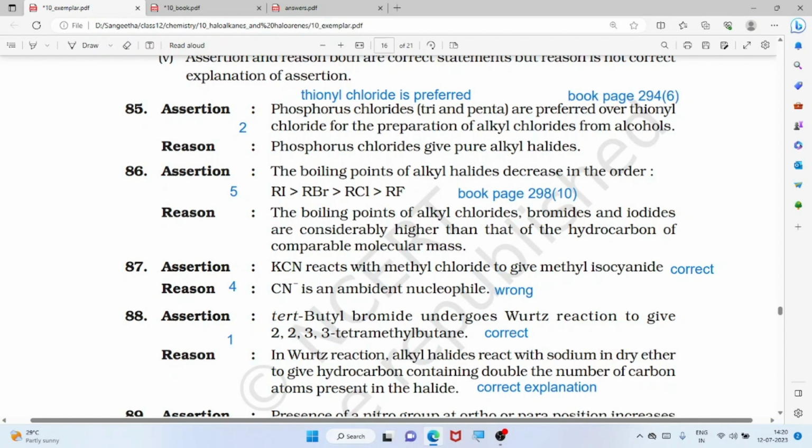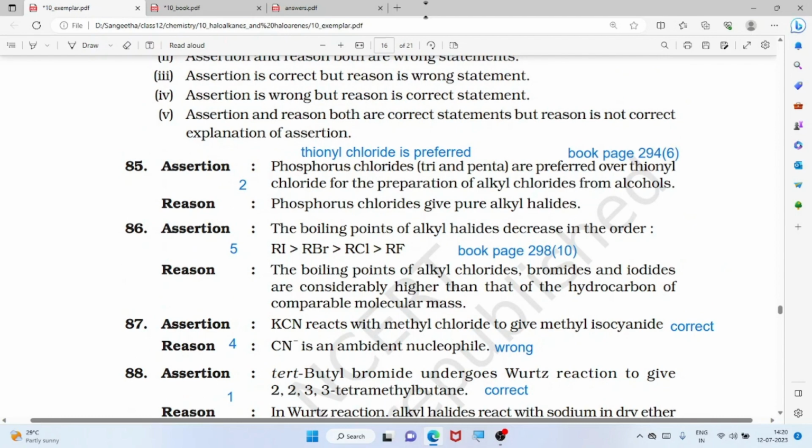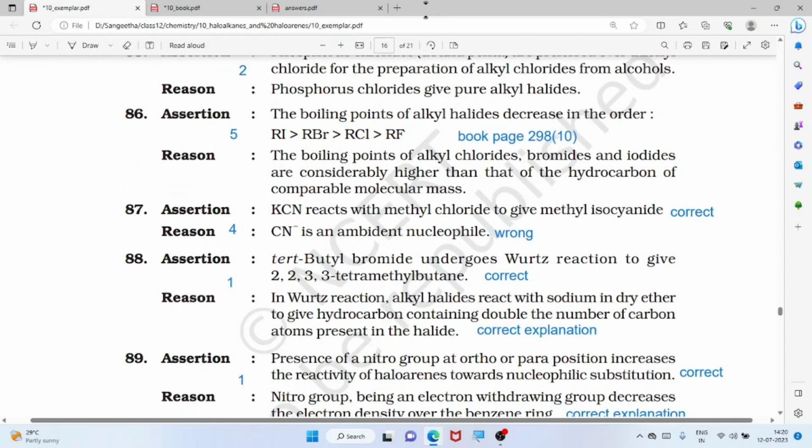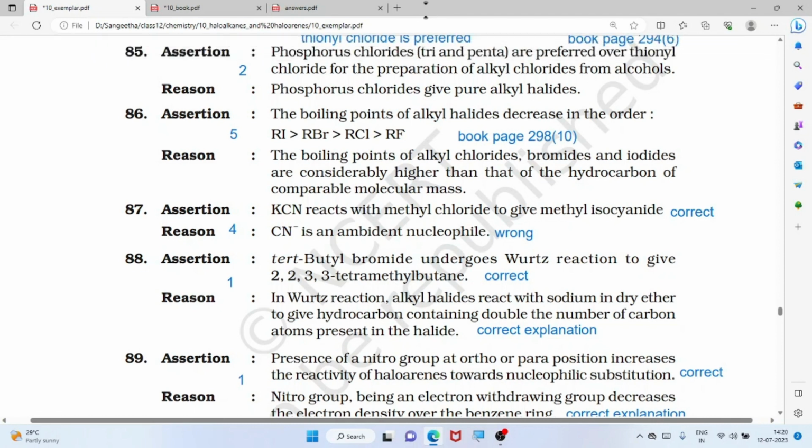The boiling point of the alkyl halides decreases in the order. So here, the reason is not the correct explanation of the assertion. The boiling points of alkyl chloride, bromide and iodide are considerably higher than the hydrocarbons of comparable mass.